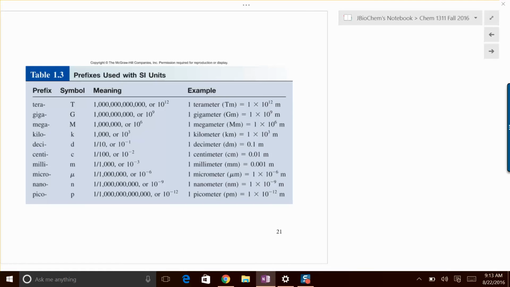Okay, so here we see some of those prefixes. We call them the prefix. So the letter you put in front of that base unit will tell you how much it's changed by. Okay? So, kilo, mega, giga, tera, excuse me. You guys are probably familiar with those because that's what our computers use, right? For bytes.